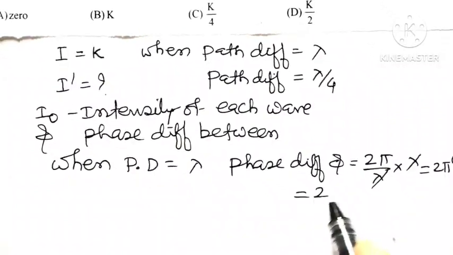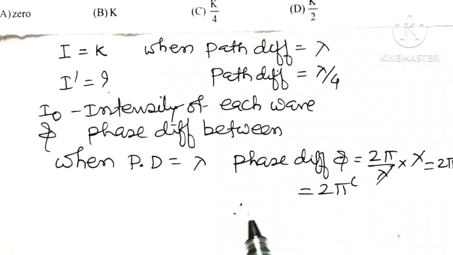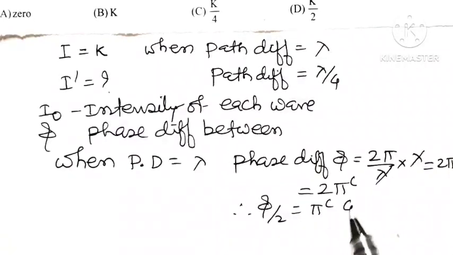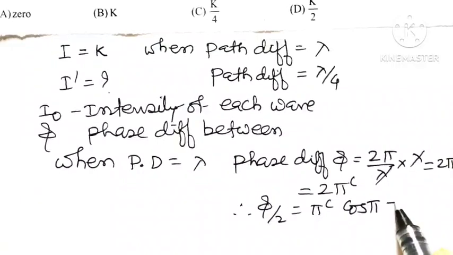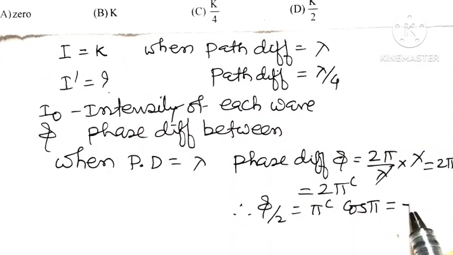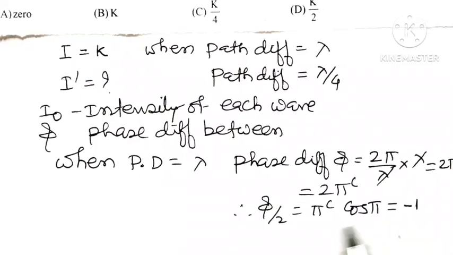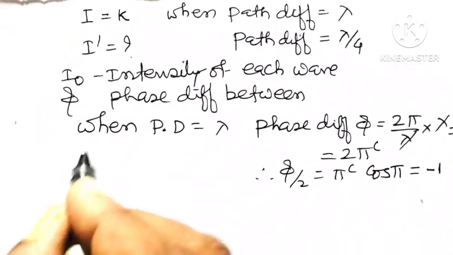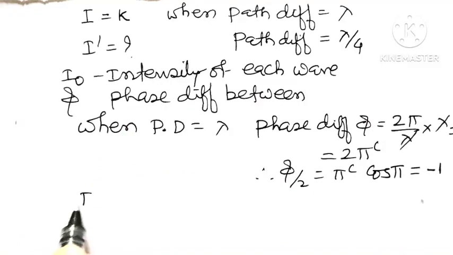Therefore phi by 2 is equal to pi radian. And what is cos of pi? Cos pi is equal to minus 1.